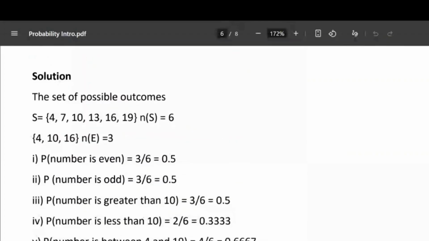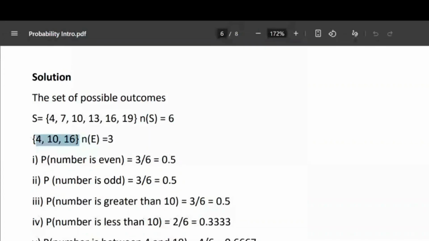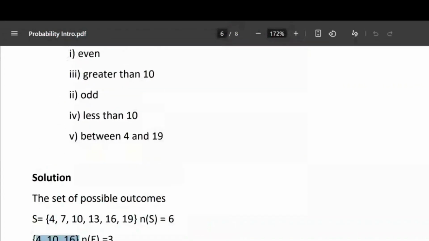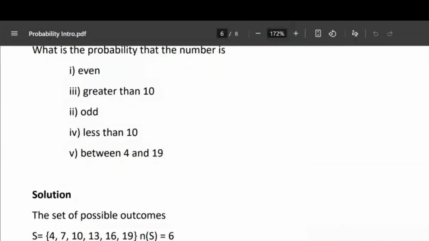So we have this as our sample space, and the number in the sample space is 6. Then we have 4, 10, 16 as even numbers.